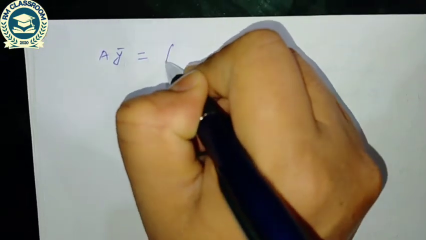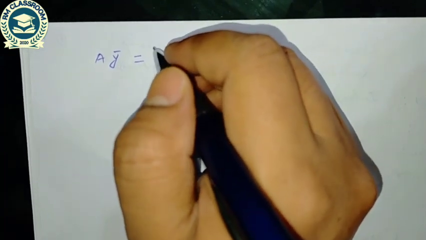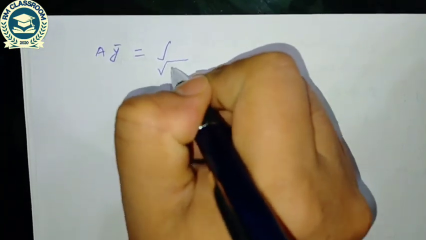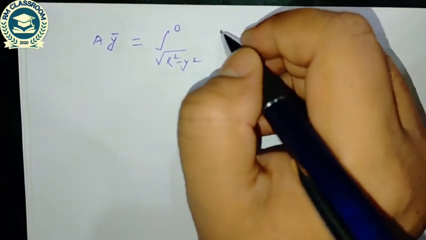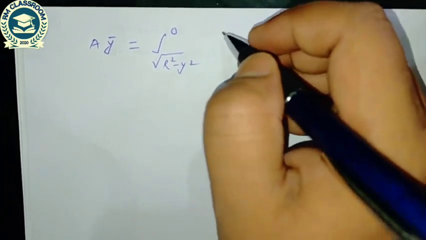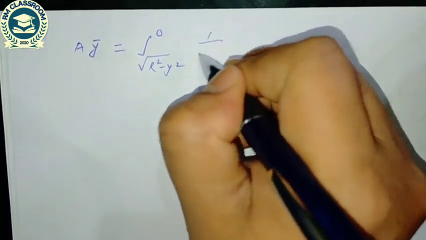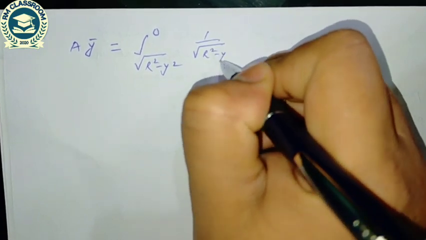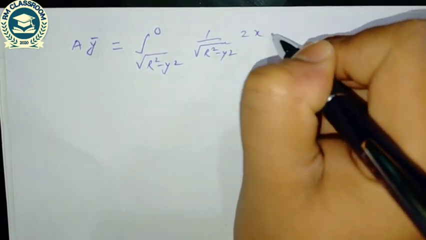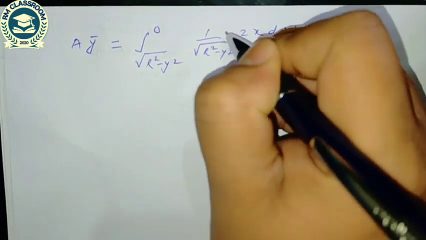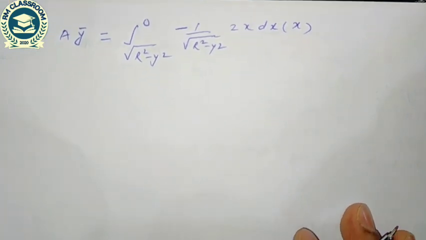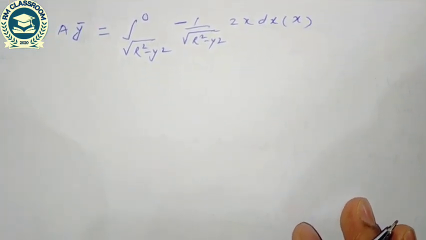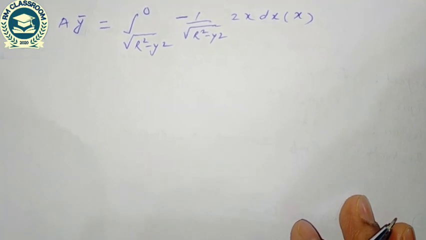So A y bar is equal to the integral running from the square root of r square minus y square to 0, of minus 2x square dx, because I have taken r square minus y square equal to x square.